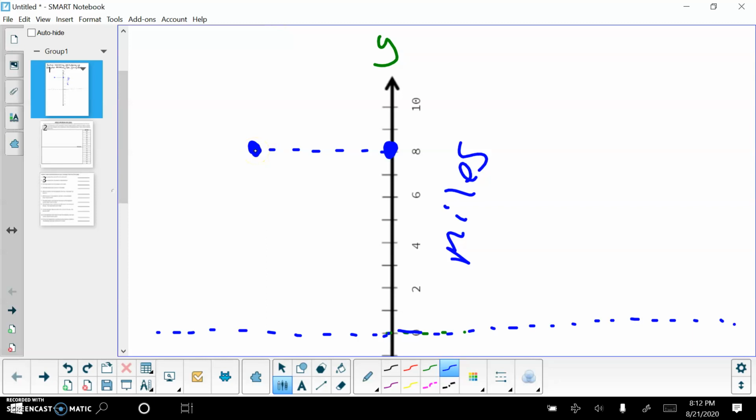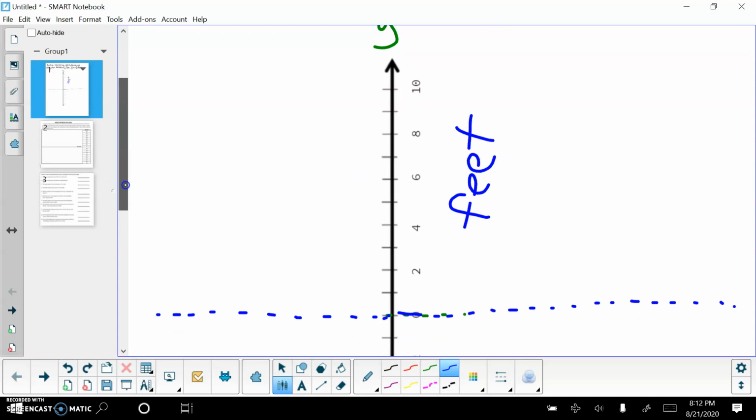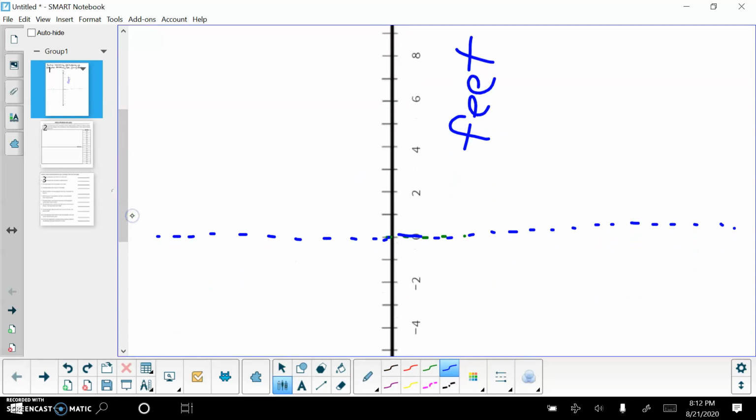Now, let's say you're digging a post hole, and I'm going to change this from miles to feet. You're digging a post hole because one of the posts on your fence in your backyard fell over and it's rotted, and you've got to dig it out and set a new post. You might have to dig 1 or 2 feet down in order to set the new post in cement, to make sure it doesn't fall over.